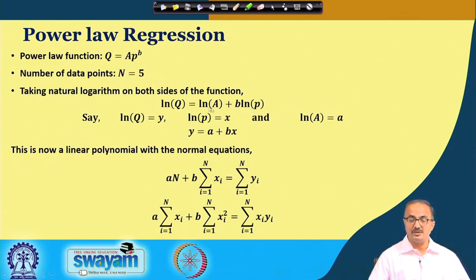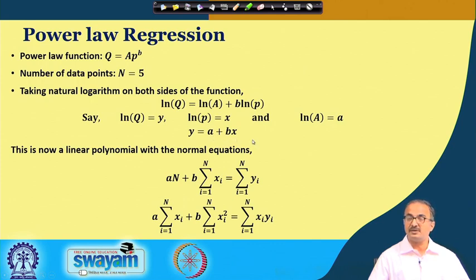Now, we replace ln of the flow rate, that is the natural log of Q, by y, then ln of capital A we take as small a, and ln of P we take as x. So, we have this equivalent expression, that is y equals a plus bx.